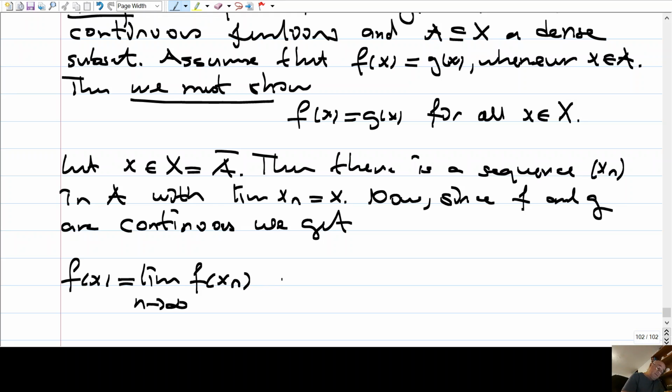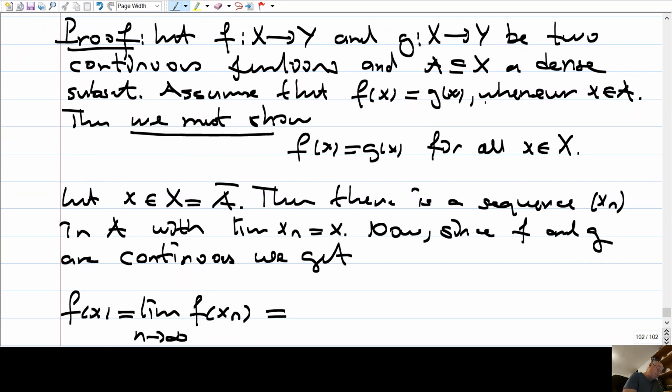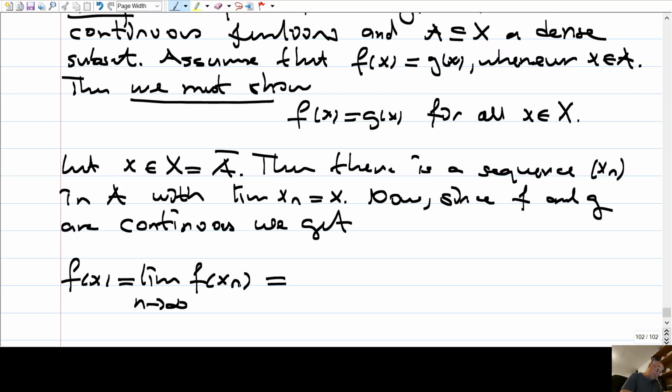And by assumption, f and g agree on A. So whenever xn belongs to A, then f of xn is equal to g of xn. Therefore, I can replace f of xn by g of xn because they are the same.